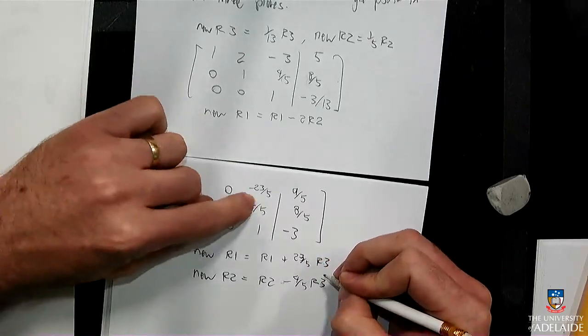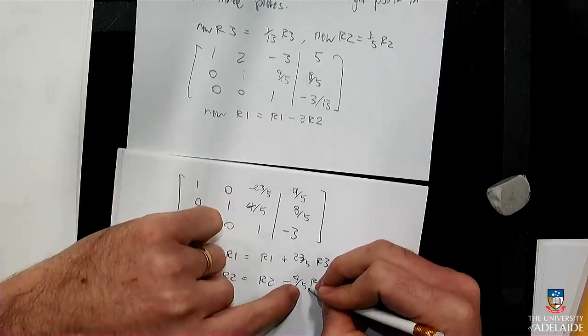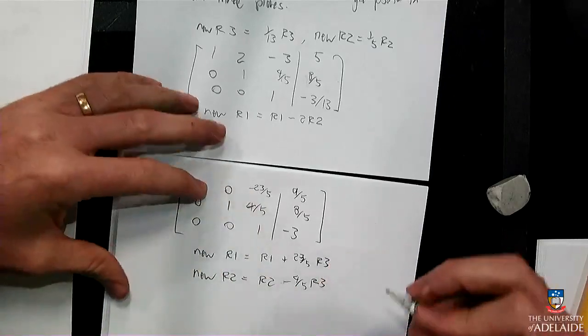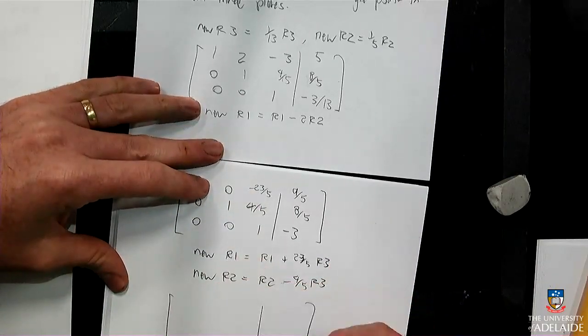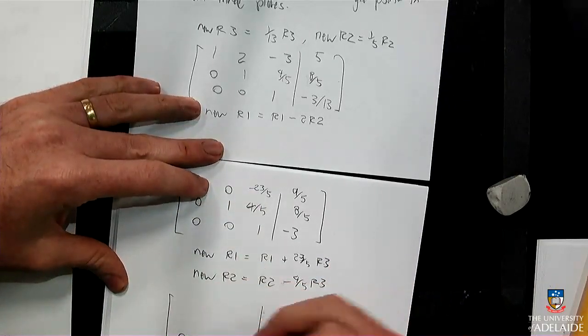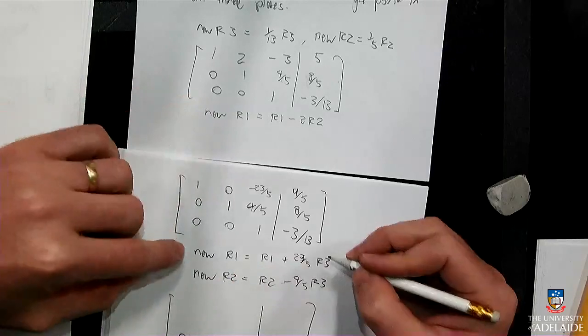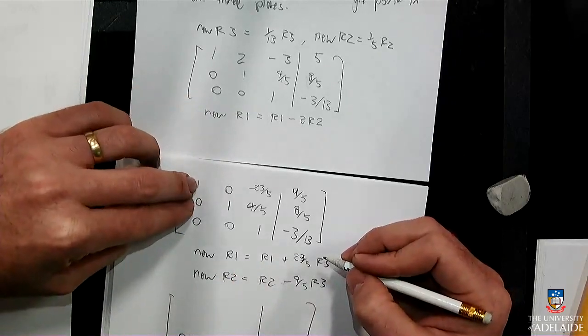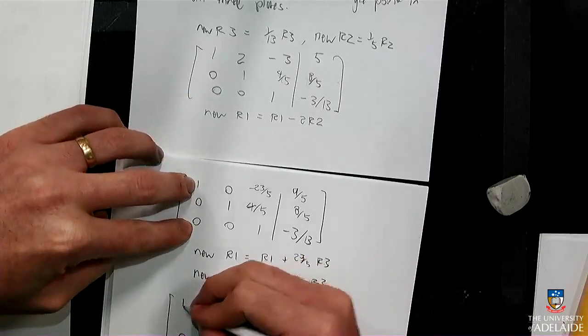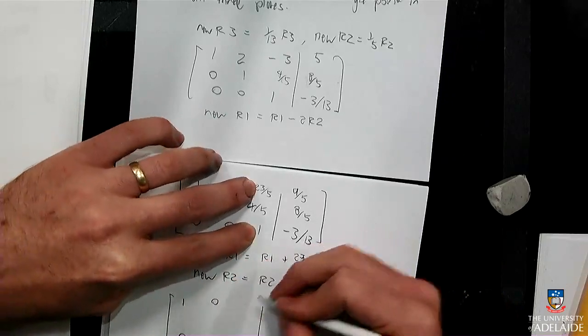So I'm using the position that's here as the multiple that's there because this is a 1. All right, so I didn't change row 3. So row 1 plus 23 fifths of row 3, that'll be still 1, still 0, 0.